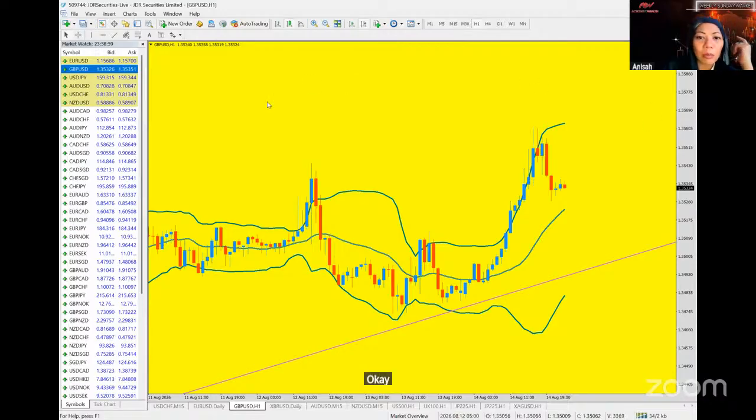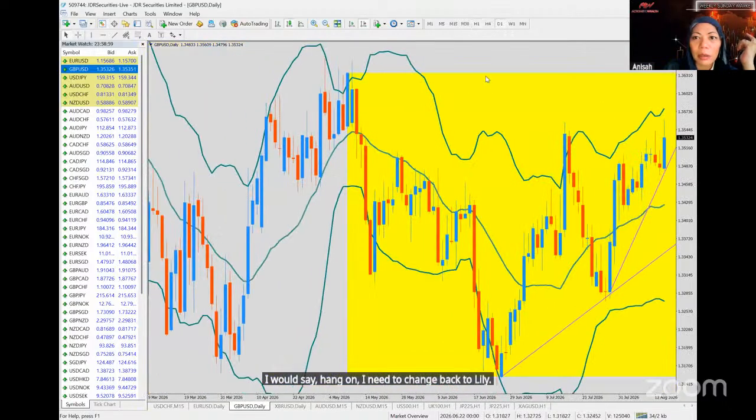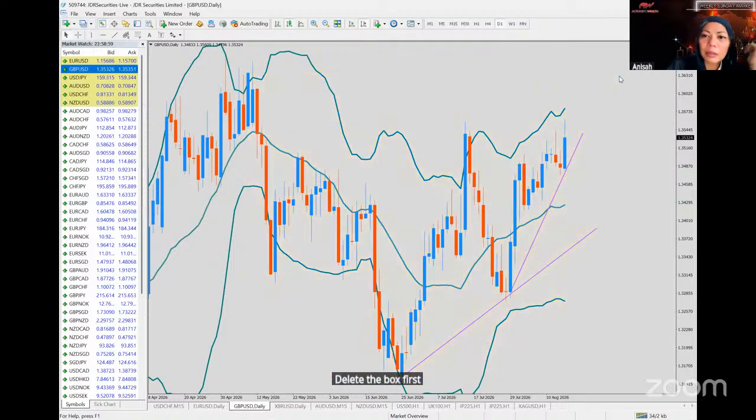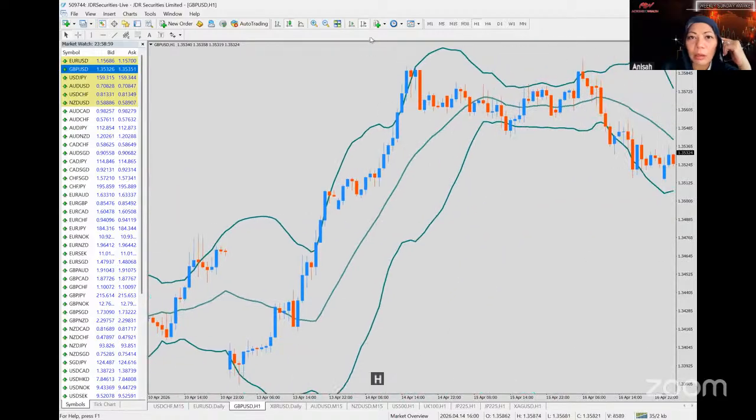Intermediate wise, hang on, I need to change back to daily. I'm going to delete the box first so that we'll be able to see clearer, and then switch back to H1. Okay, there you go.